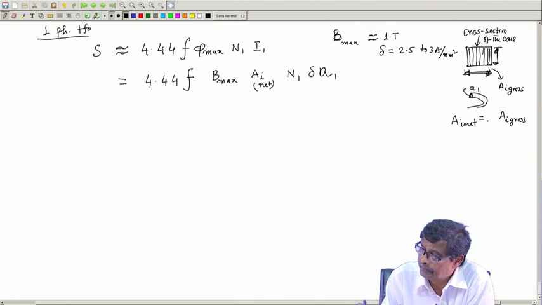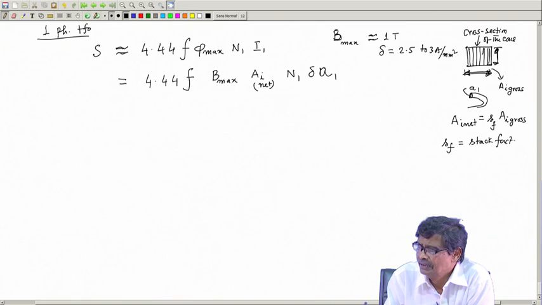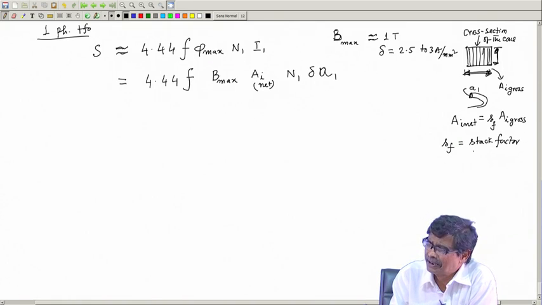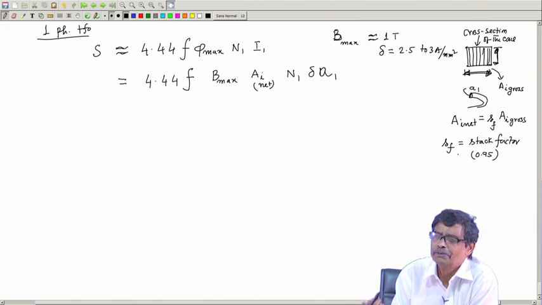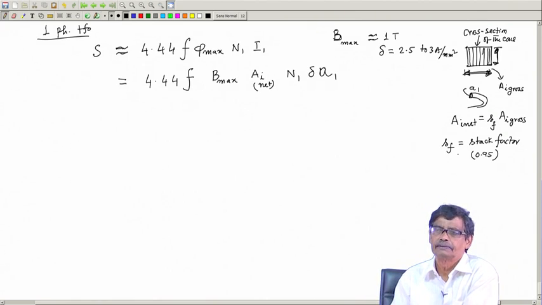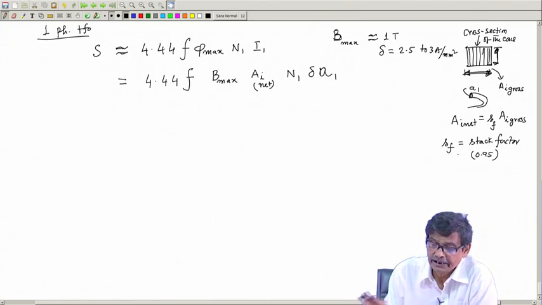So, it must be multiplied by a factor SF. This factor SF is called stack factor. The value of which will be 0.95, very close to 100%, but maybe 0.9, like that. Got the idea?